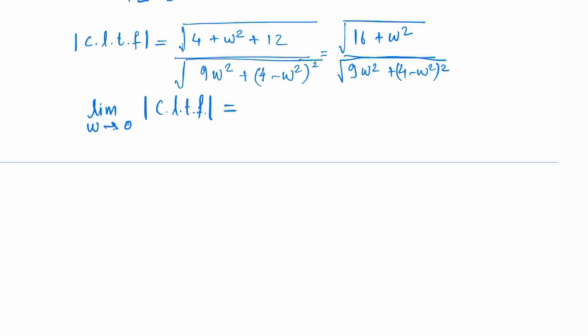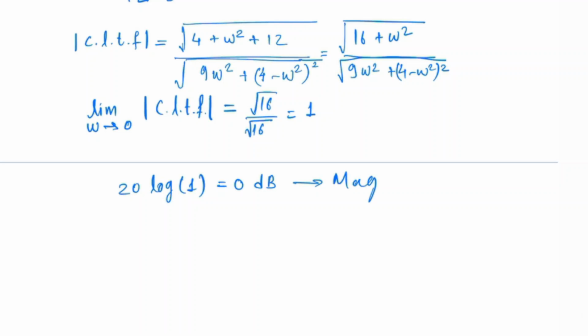What would this be? Under root 16 in the numerator and under root 16 in the denominator. So closed loop, this is 1. If I take the log of this, this is the magnitude in decibels.